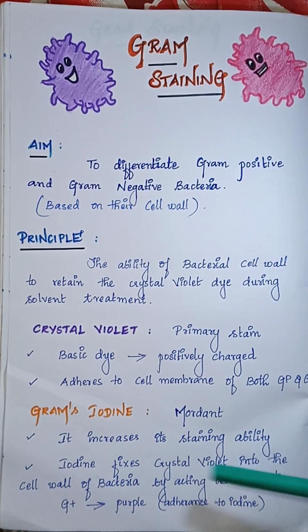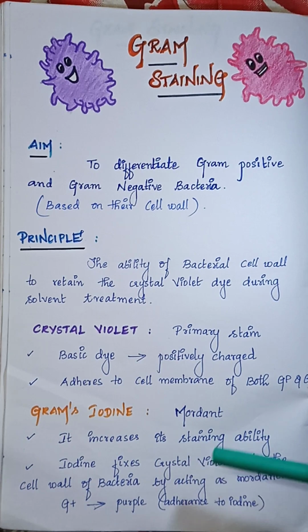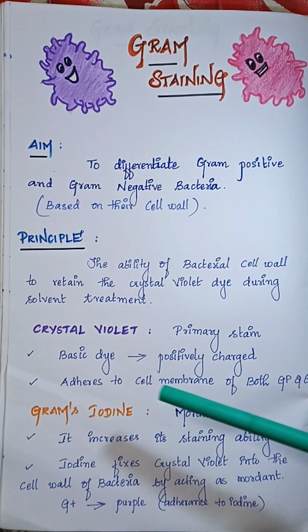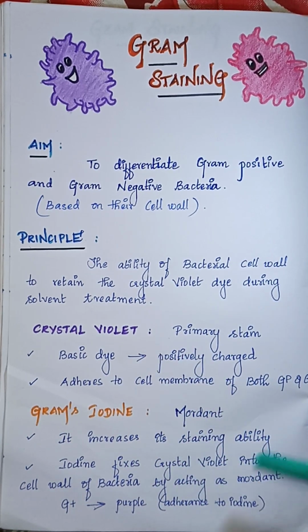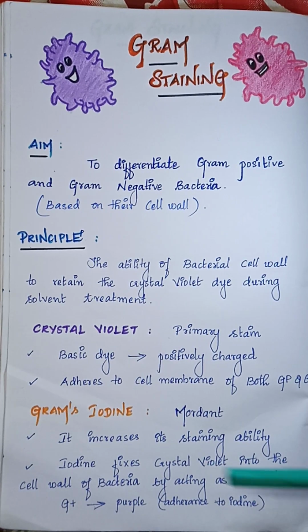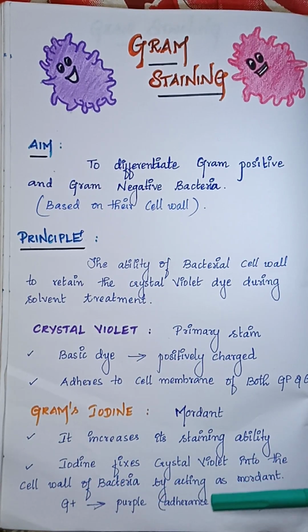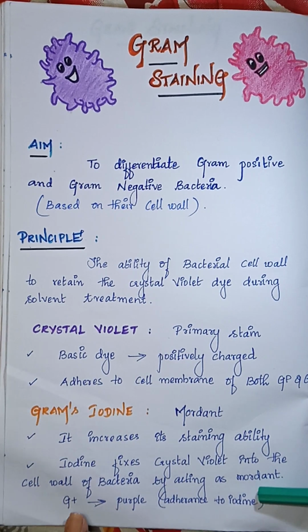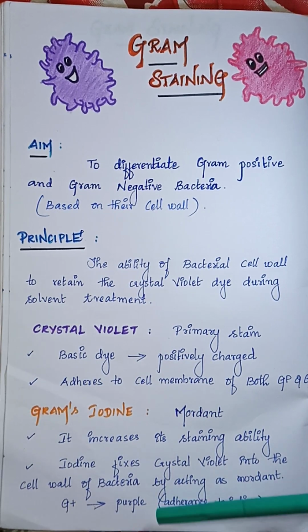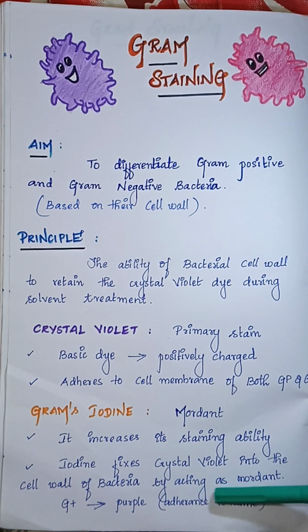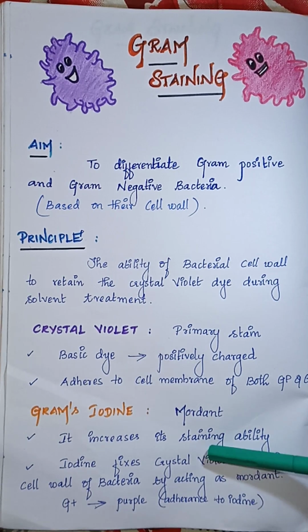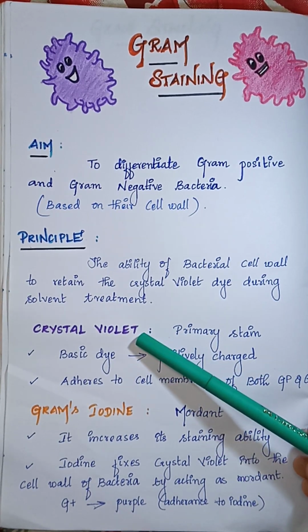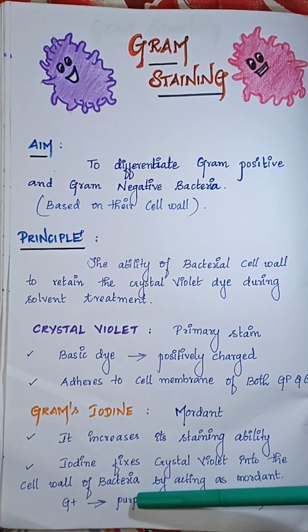Remember that it acts as a fixation agent, so it will fix the crystal violet in the bacterial cell wall. We all know that gram-positive bacteria has a thick peptidoglycan layer, so as the gram-positive bacteria has a thick peptidoglycan layer, it is easy for the iodine to get fixed with the crystal violet, and it stains purple.